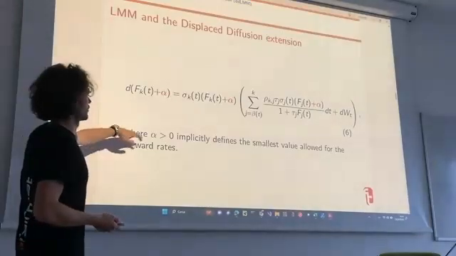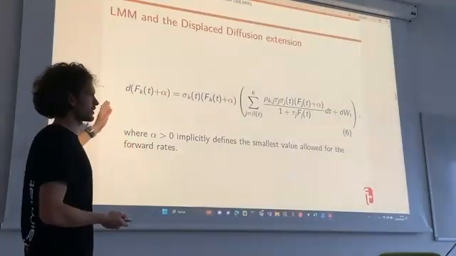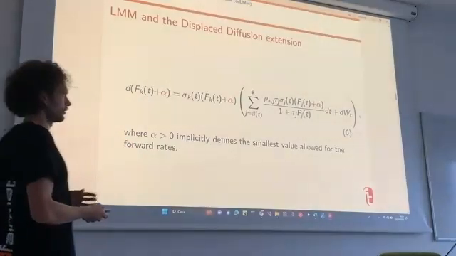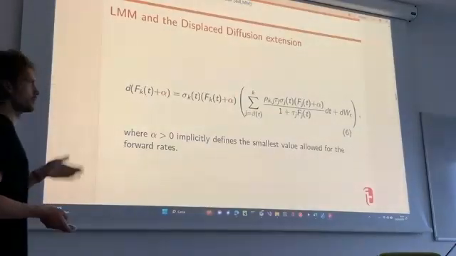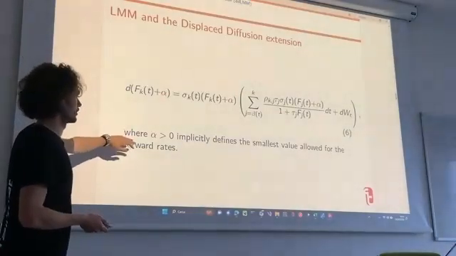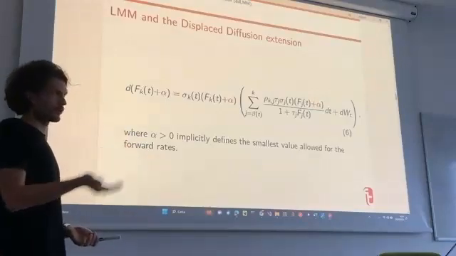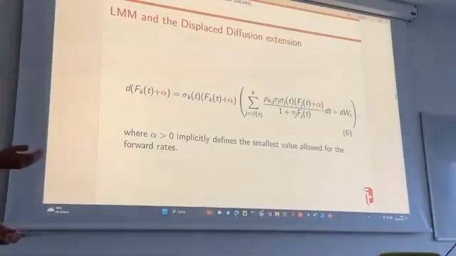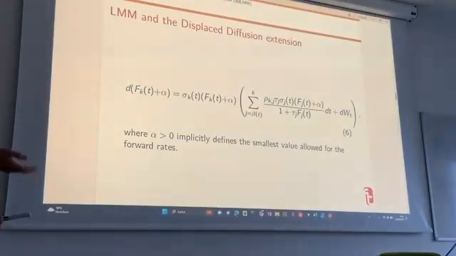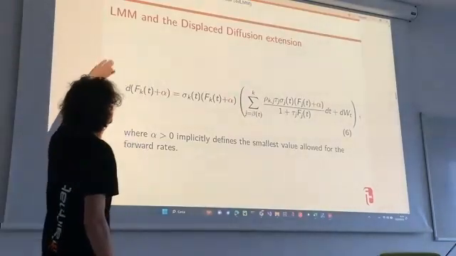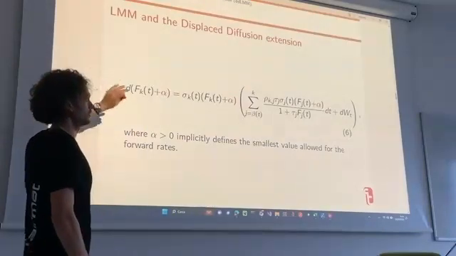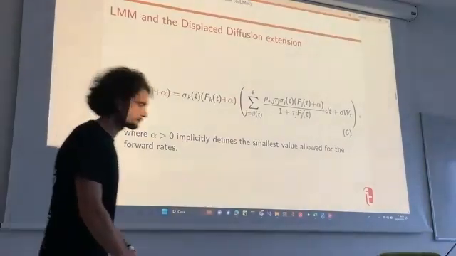So suppose that alpha is equal to 3%, then your forward rate cannot be less than minus 3%. So this is the Libor Market Model with Displaced Diffusion extension.